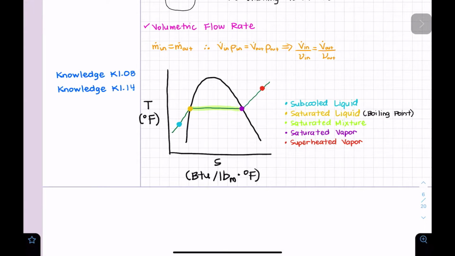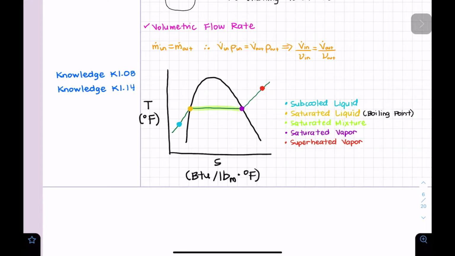Then we're going to have a saturated mixture eventually, if we continue adding heat. We're going to have a certain percentage of gas or steam and water.